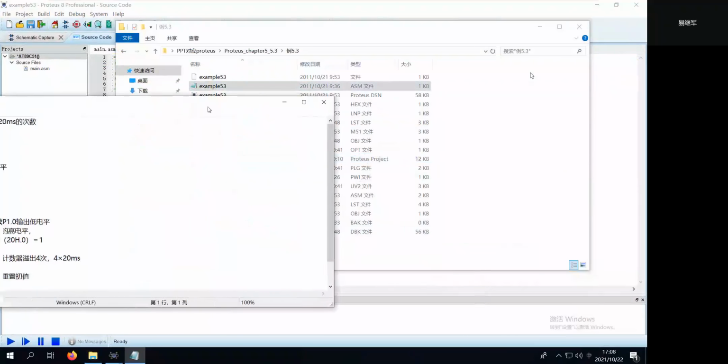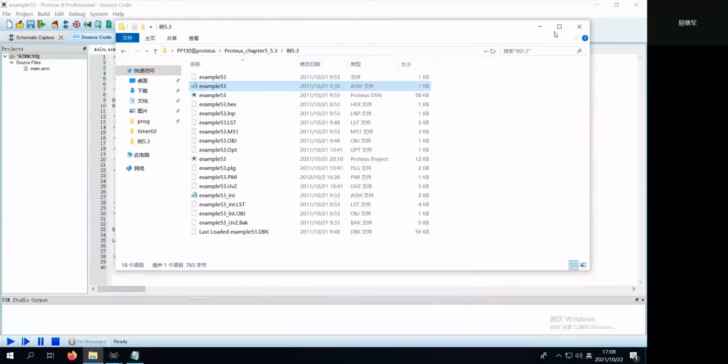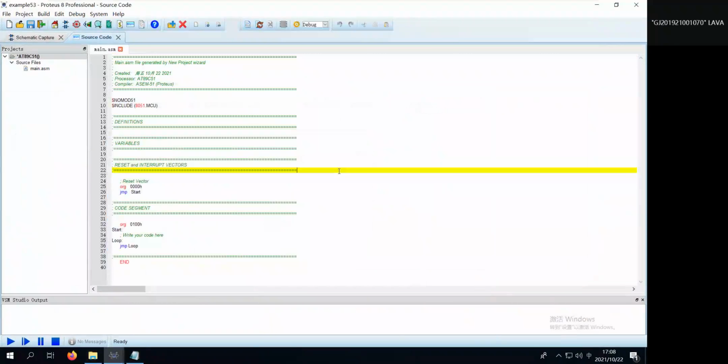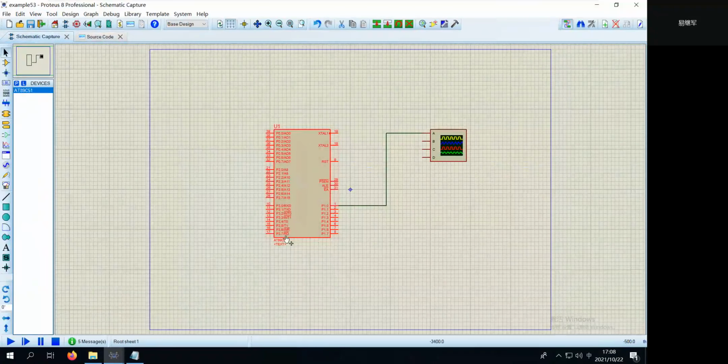This is a program for this microcontroller system. This microcontroller just outputs ports.